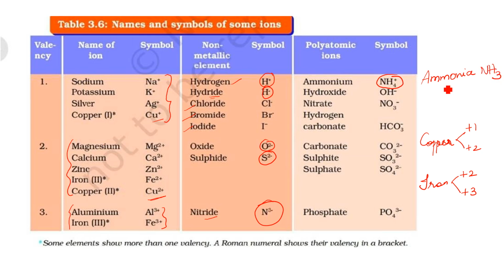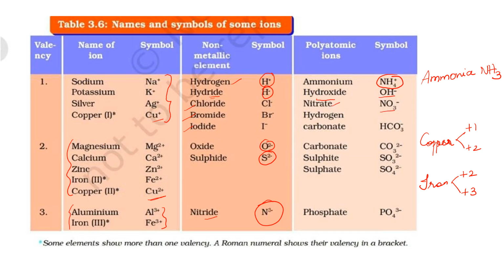Ammonia is a neutral molecule, whereas ammonium is a positively charged ion. It is made up of N and 4 hydrogens, NH4+. Therefore, it is called a polyatomic ion. Poly means many: ions made up of many atoms. Hydroxide ion is OH-.